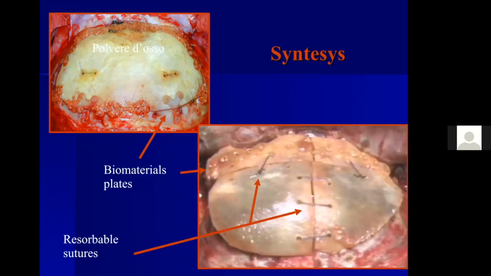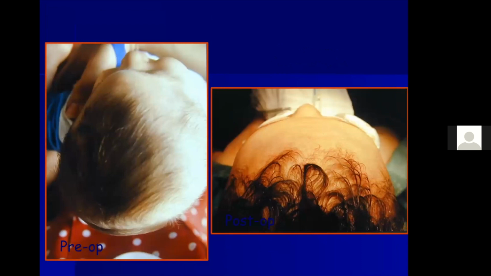Usually, as for the science of the bone, we use right now biomaterial plates, like you can see here, polyglycolic acid plates, or even resorbable sutures. Those are an example of preoperative and postoperative result.